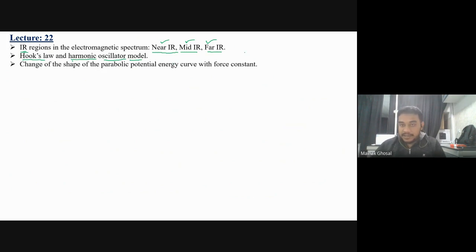It was also discussed: there was the equation 1 by 2 pi root k by mu, where k is denoted as the force constant. So how the force constant affects the potential energy curve for the harmonic oscillator was already discussed.